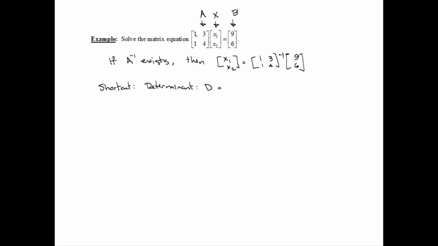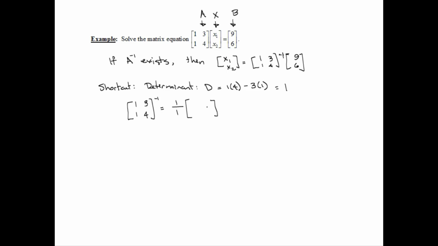Remember, we multiply down the principal diagonal and subtract, and then go down the other diagonal. So we have 1 times 4 minus 3 times 1, which gives me 4 minus 3, which is 1. So my determinant is 1. My inverse then is going to be the reciprocal of the 1.